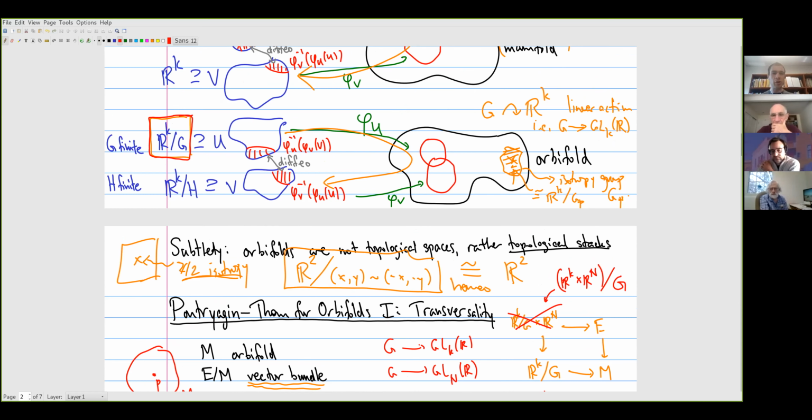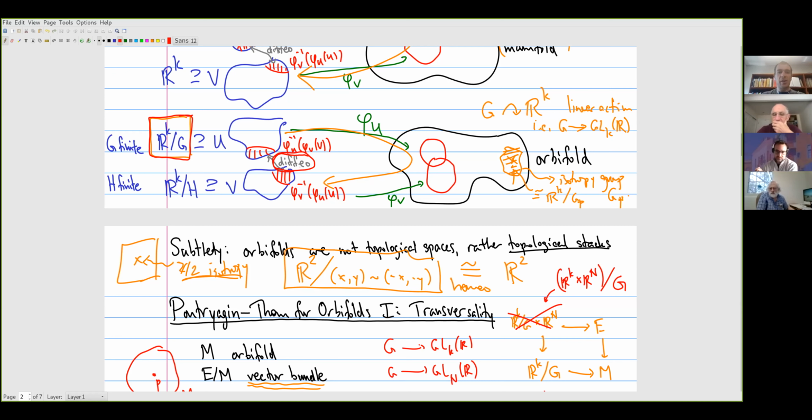That's some sort of object, and whatever it is, it remembers the isotropy groups of each point. And so part of this being a diffeomorphism means that it induces isomorphisms on these groups.